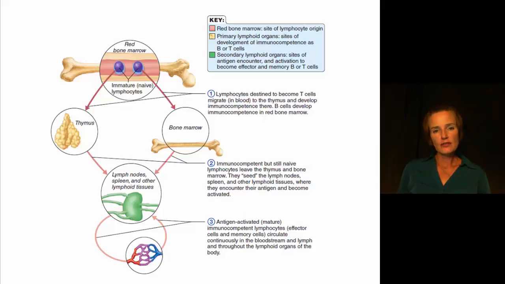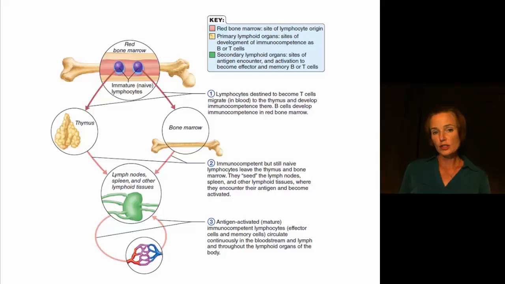Now, those immature lymphocytes are going to need to achieve immunocompetence, and whether they remain in the red bone marrow to do that, or travel out and do that, will distinguish between T cells and B cells. So the B cells are going to remain in the red bone marrow, and they're going to achieve their immunocompetence there. The T cells are going to leave the red bone marrow.